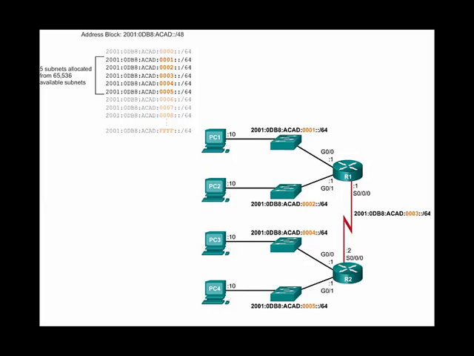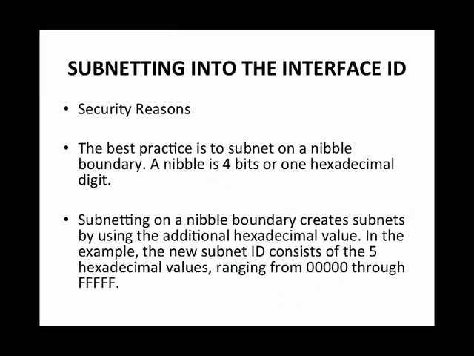The other difference is that in IPv6 you can subnet into the interface ID. As a side effect you save addresses because you are subnetting, but this is not done to save addresses. This is done for security reasons, because you reduce the number of hosts, but also it gets really predictable for the subnets to know the interface ID, because you take a whole hexadecimal nibble, that's how it's called, a 4-bit hexadecimal digit, from the interface ID.